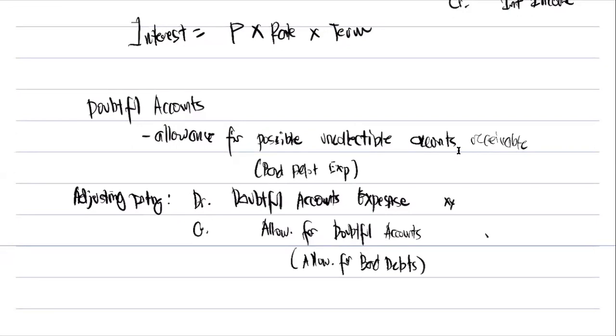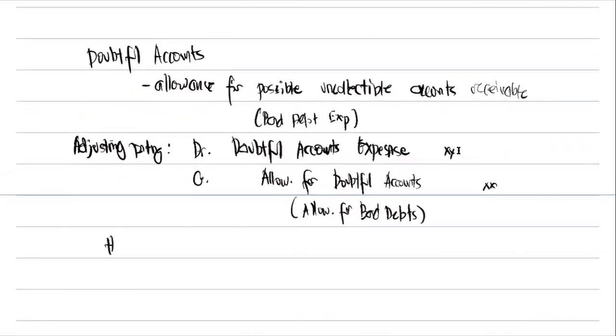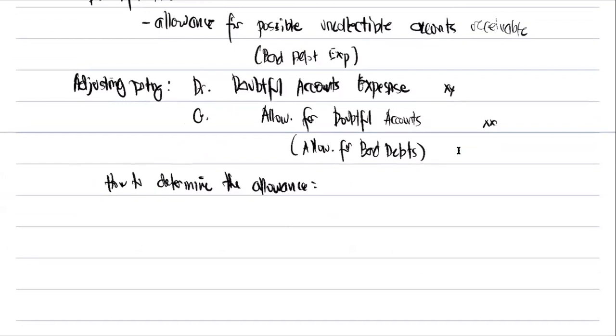Nasundan? Okay. So how to determine the allowance? So we have your percentage of sales and percentage of AR. So ito na lang muna yung ituturo natin sa inyo kasi since basic accounting pa lang tayo.